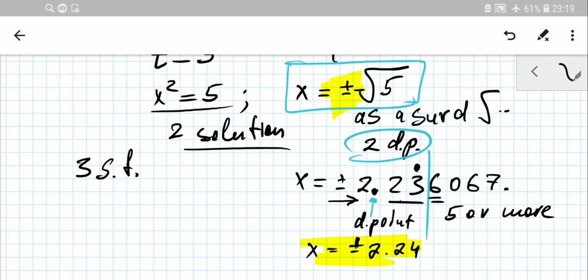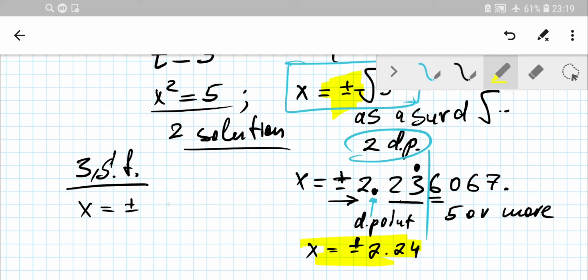Let's say 3 significant figures, because of my malfunction of the eraser, I cannot use that here for some reason. Okay, so anyway, to 3 SF, your number is simply plus minus. Let's write one more time.